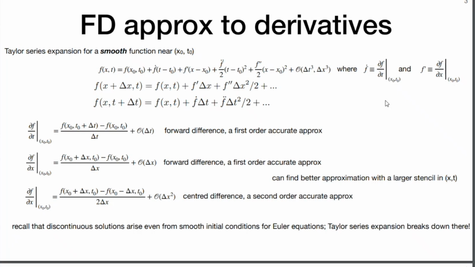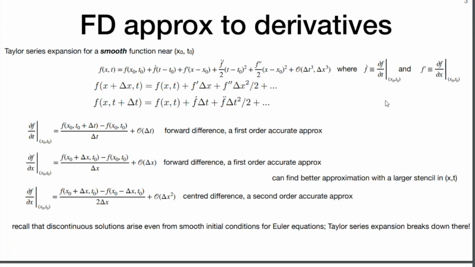This dow f dow t evaluated at x naught, t naught is the definition of that derivative in the limit delta t goes to 0. But here we are actually calculating with a finite delta t. This is the difference form. If you look at the Taylor series, f dot is equal to f(x, t) minus f(x naught, t naught) divided by t minus t naught, plus these time terms.